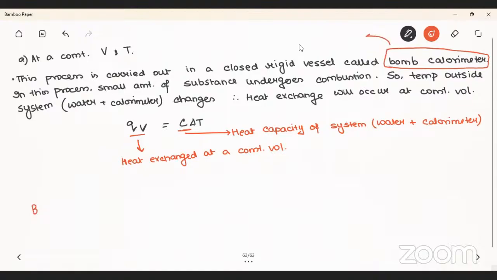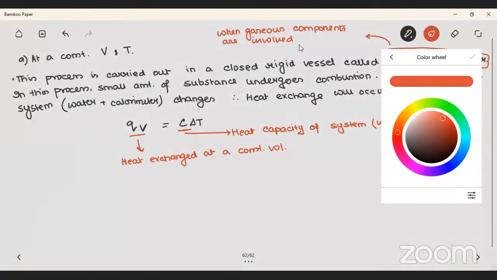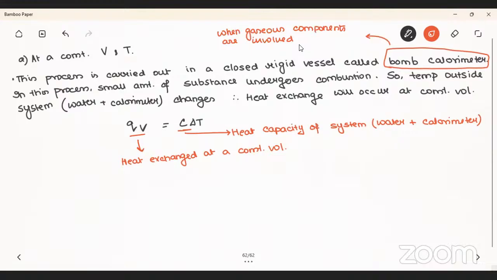A bomb calorimeter is generally used when gaseous components are involved. Okay, so this is the general thing. Is this part clear to everyone so far?